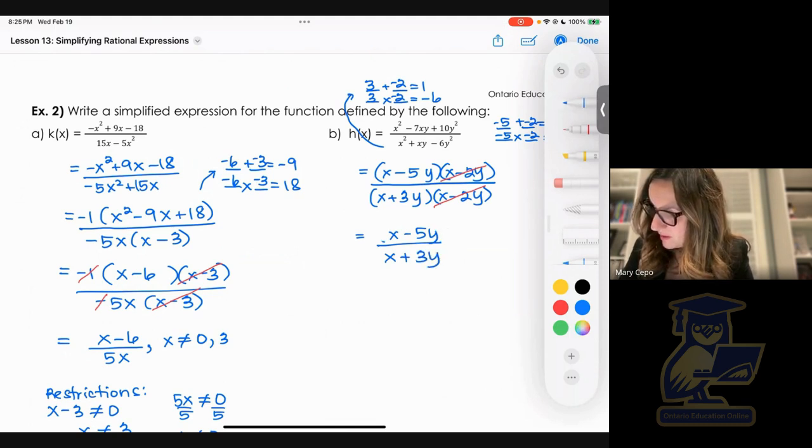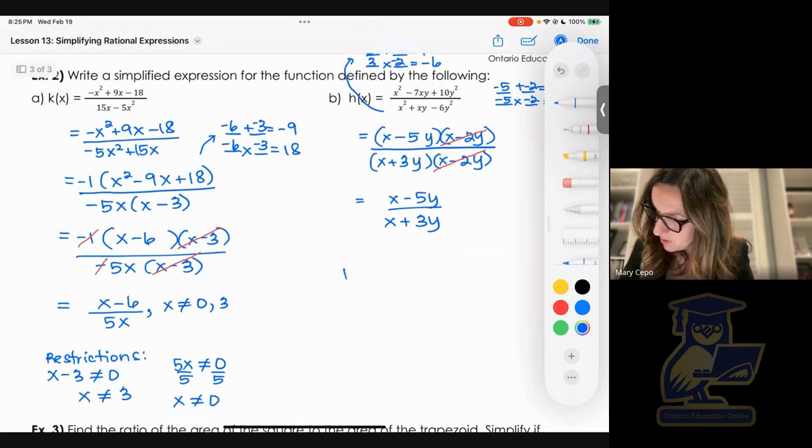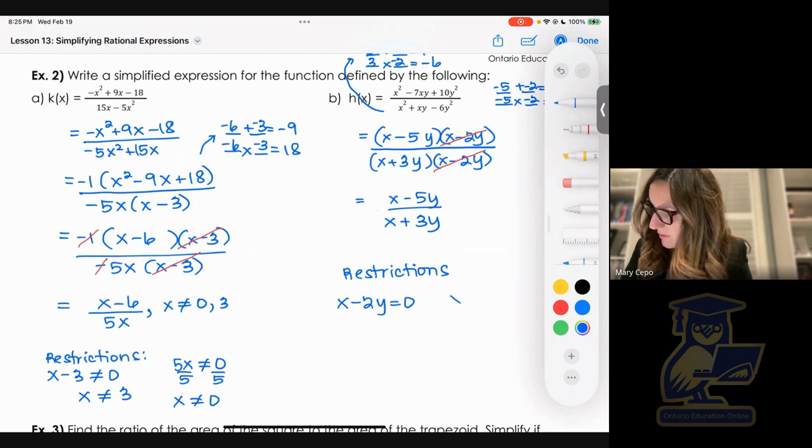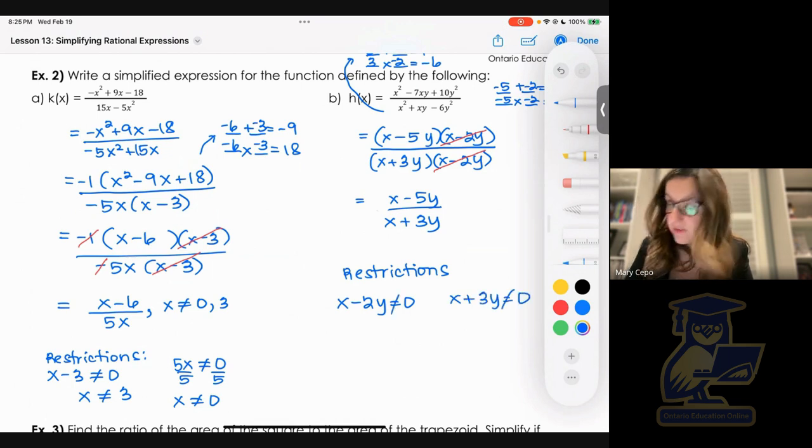But we do need to set our restrictions. We set x minus 2y equal to 0, and x plus 3y equal to 0. We want to know for what values of x the denominator would equal 0.